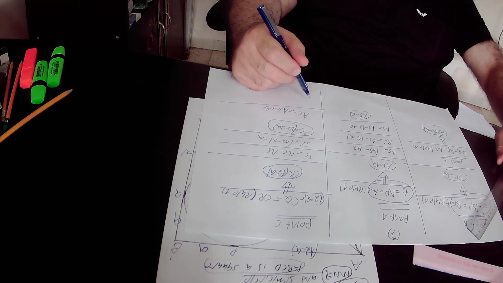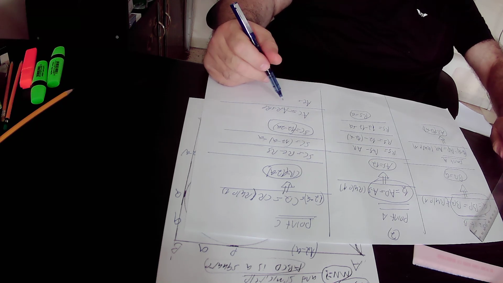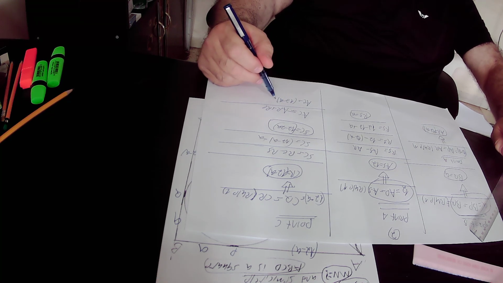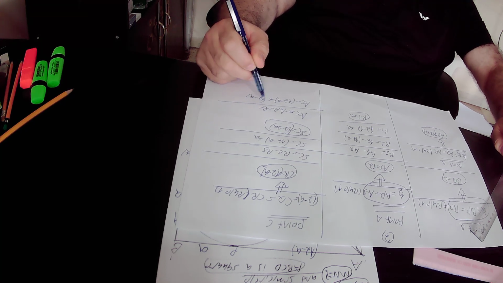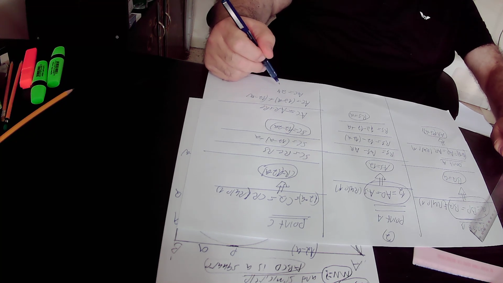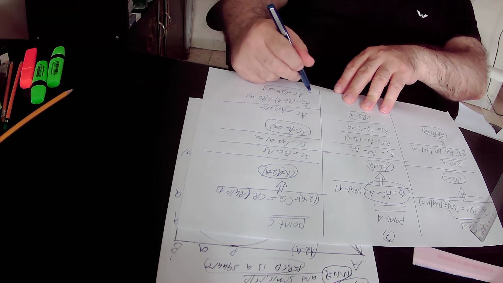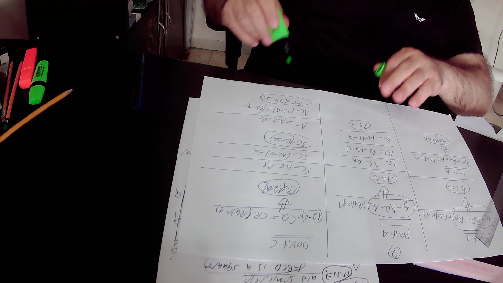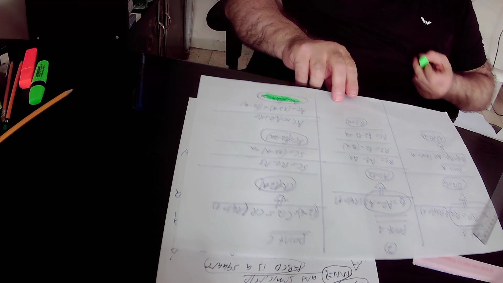So here AC equals AR, that is 12 minus A, and RC is also equal to 12 minus A. So AC equals 12 minus A plus 12 minus A. 12 plus 12 is 24, minus A plus minus A is minus 2A. So in conclusion, diagonal AC equals 24 minus 2A.